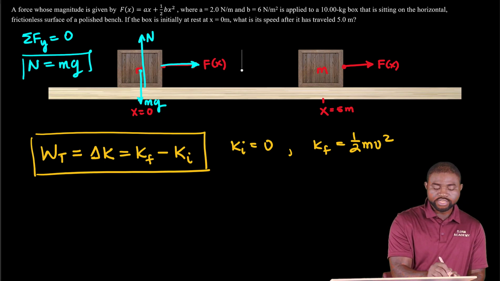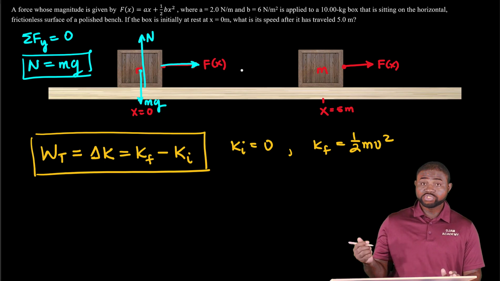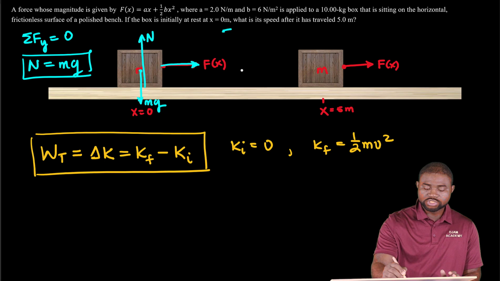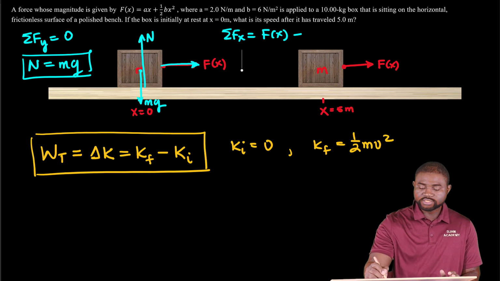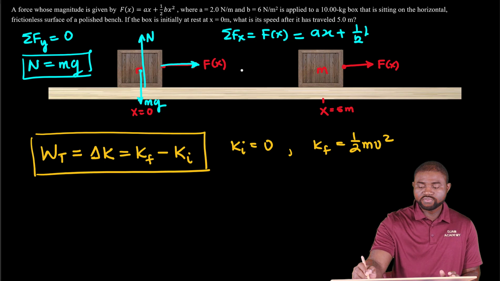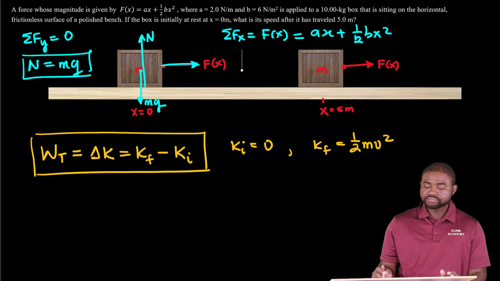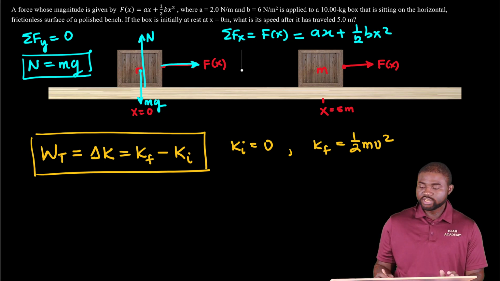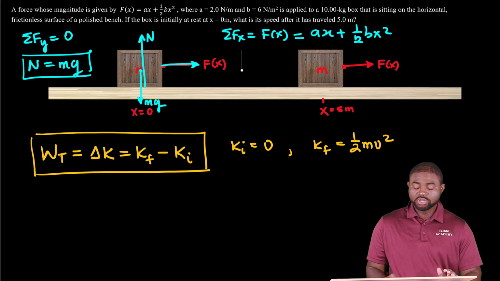The good news is there is no friction, so there is no force acting in the opposite direction of motion. Now the sum of forces in the x direction is just going to be equal to F of x. And we know what F of x is. It's equal to Ax plus 1/2 Bx squared. This essentially is the net force acting on the block.